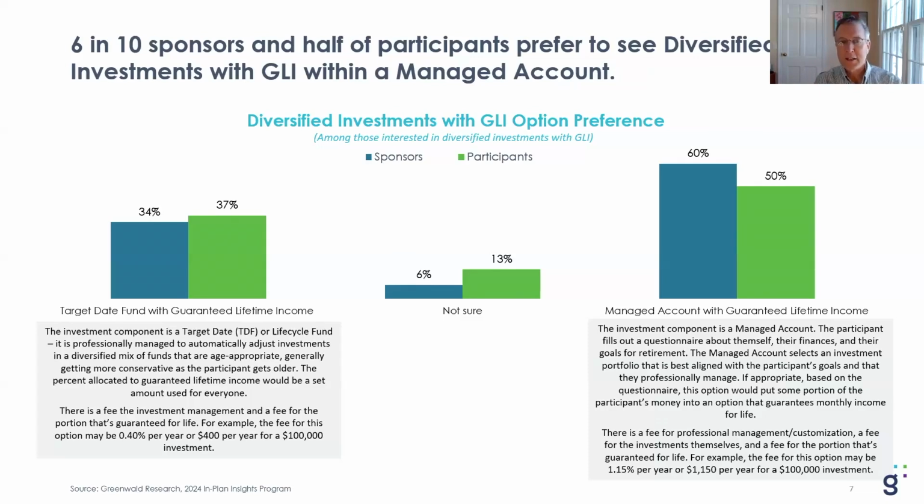And we got a definite leaning towards the managed account side, especially among the plan sponsors. And what's interesting is that in the 2023 program, we asked this same question, and the interest in managed account with guaranteed lifetime income is about 10 percentage points higher among both audiences than it was in the previous year.